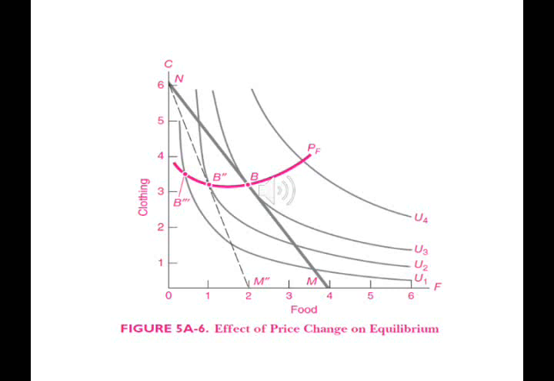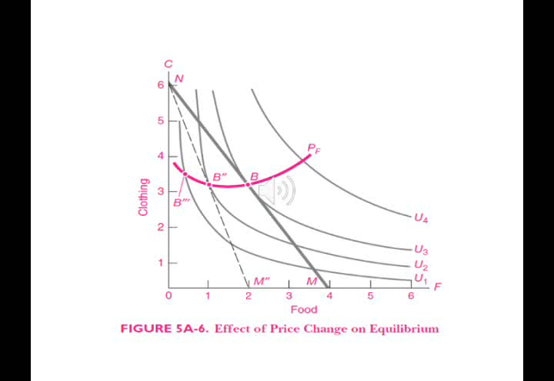So what will be the new consumer equilibrium? Again, the same steps. We will be moving on the new budget line because the new consumption bundle has to be affordable, but at the same time we want to reach the consumption bundle that maximizes utility, that lies on the highest indifference curve. So let's move on the new budget line until we reach the highest indifference curve. This will happen at point B double prime, which is again a point of tangency.